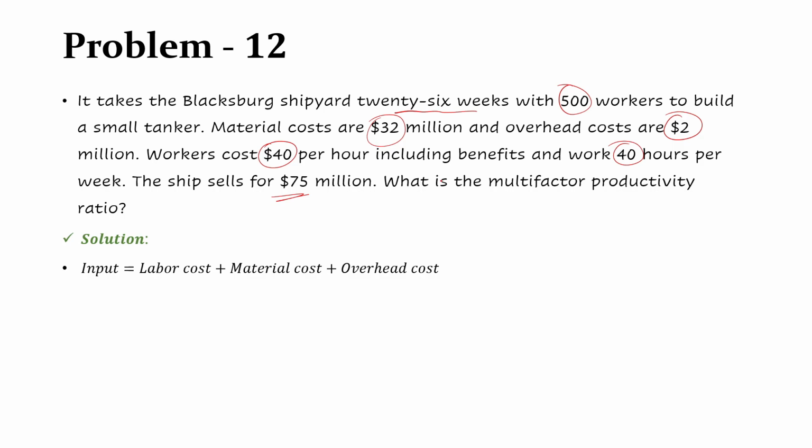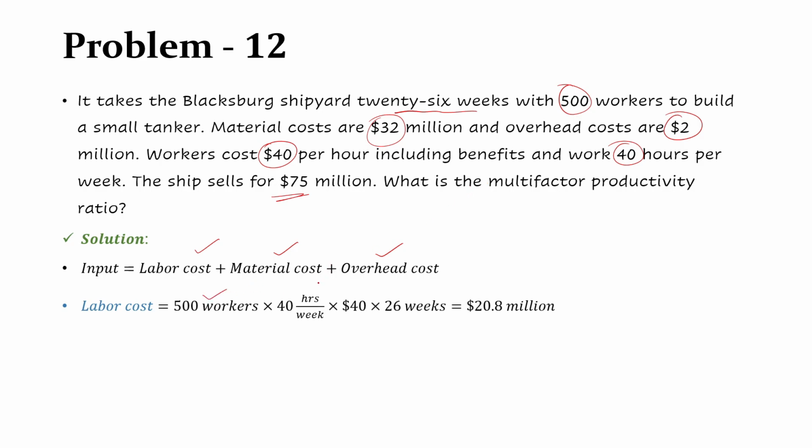So this is how we calculate the multi-factor productivity ratio. We have the input, which is equal to labor cost plus material cost plus overhead cost. The labor cost is calculated as follows. We have 500 workers who work for 40 hours per week and are paid $40 per hour and they work for 26 weeks.